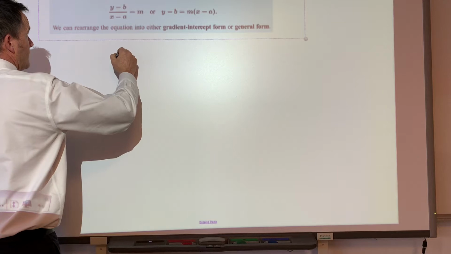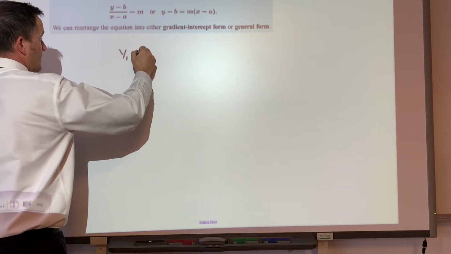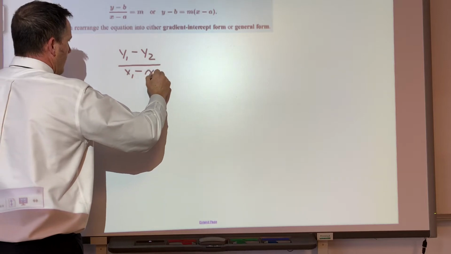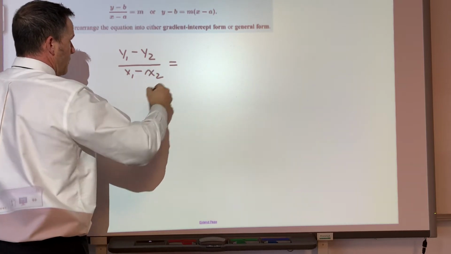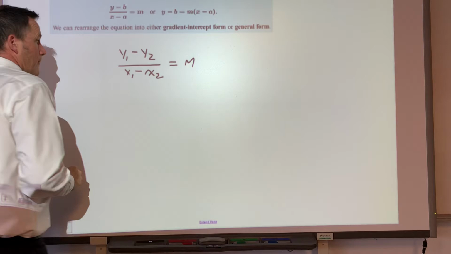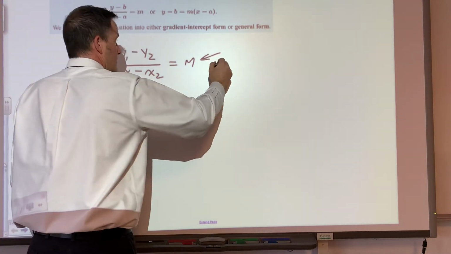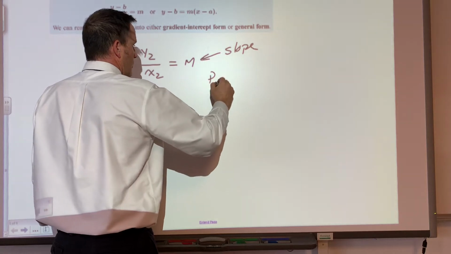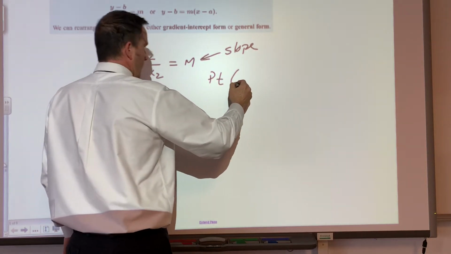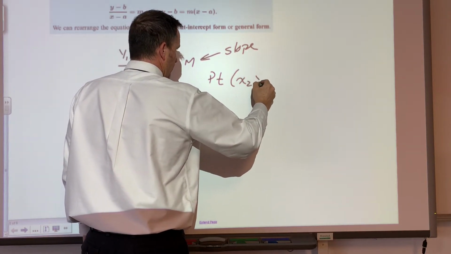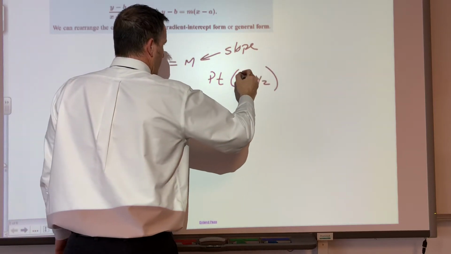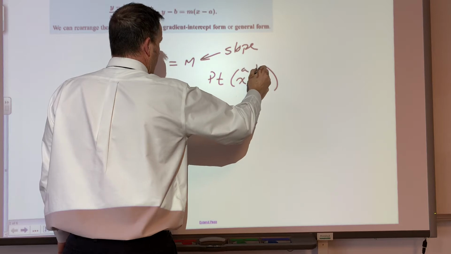So we have y1 minus y2 over x1 minus x2. I know I didn't write it as y2 minus y1. So if I know the slope and a point, and we'll call that point x2, y2, I can sub those values in, and we're also going to call them a and b.